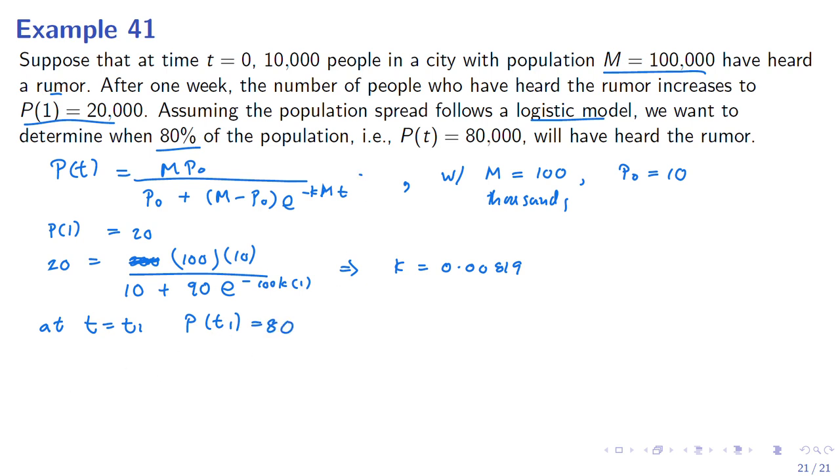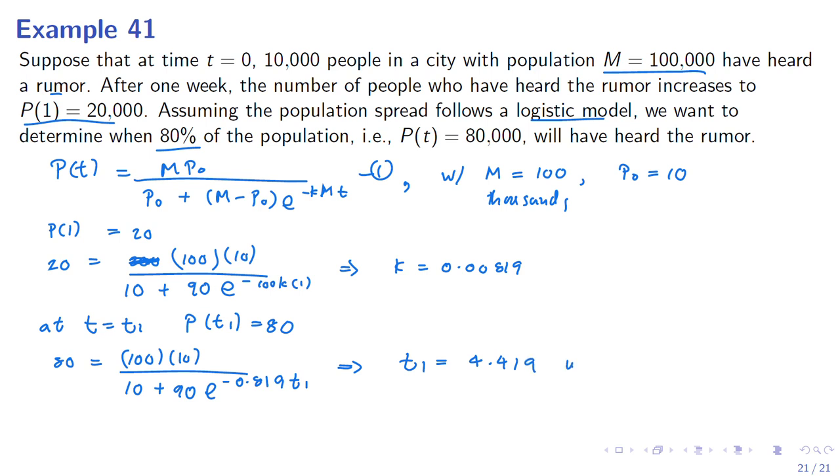And then if we apply this to our logistic model, 80 equals M is 100, P naught is 10, divided by 10 plus 90 e to the minus 100 times K, which will be 0.819, T1. All we need to do is solve this and get the value of T1. You will get the value of T1 as 4.419 weeks.